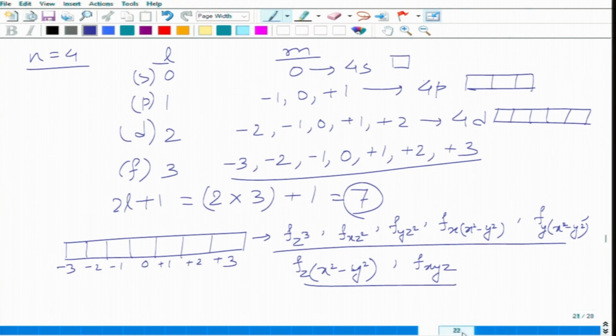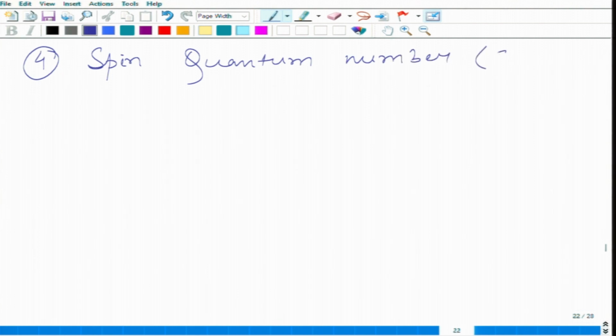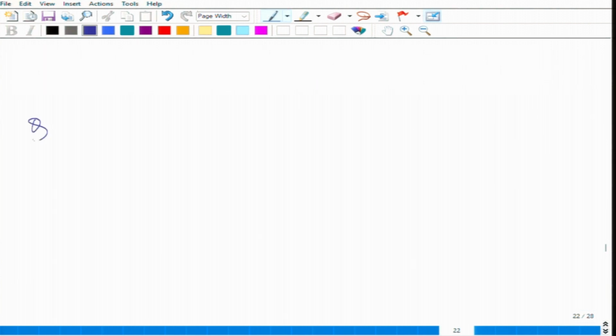So we have discussed the magnetic quantum number. Now the fourth one is the spin quantum number, which is s. We will discuss the spin quantum number in the next lecture. Before that, let's do a small question about the 3 quantum numbers that we have used so far.